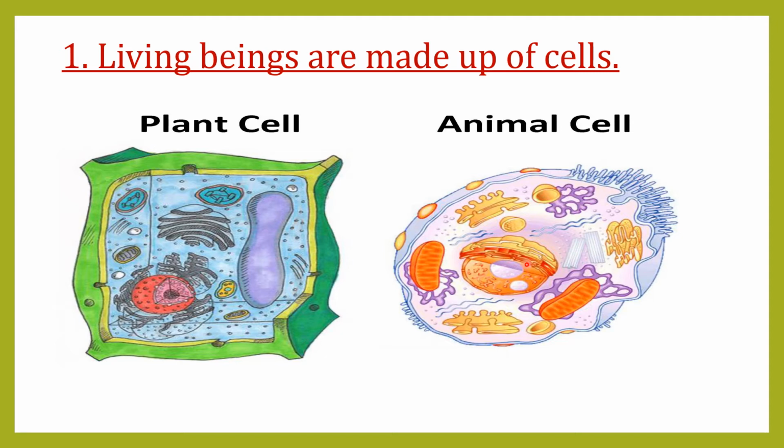Similarly, the body of living beings is made up of cells. This is plant cell and this is animal cell. Children, you will be studying more about these cells, that is the parts of cells and their functions, in the higher classes.